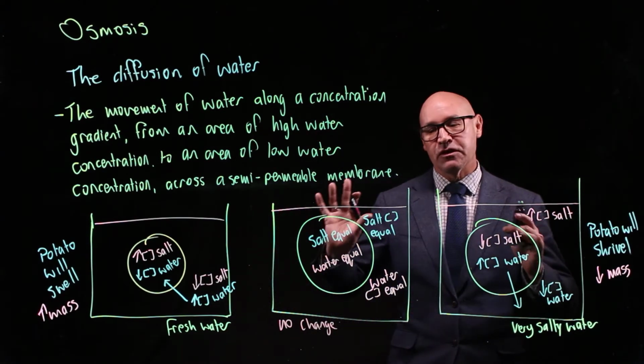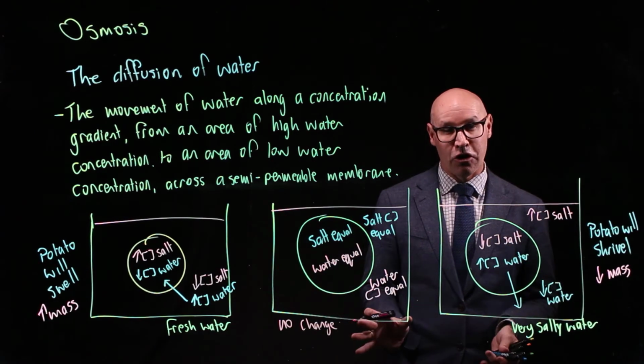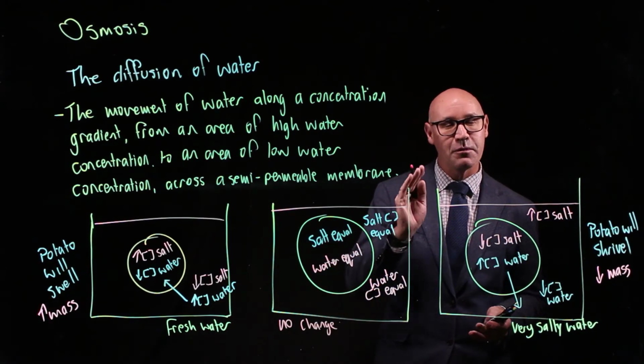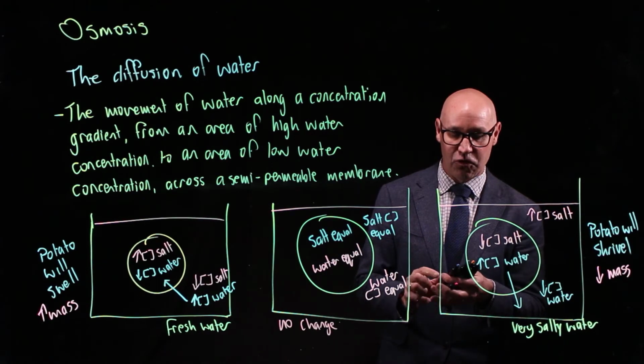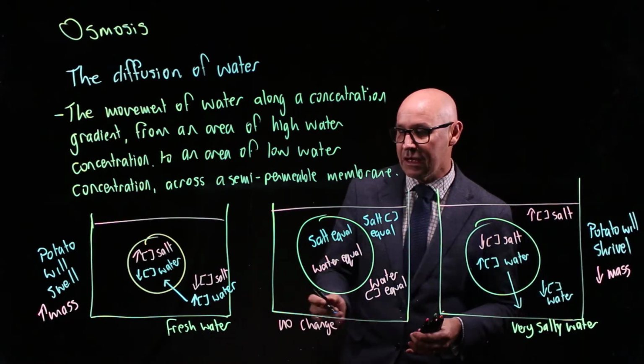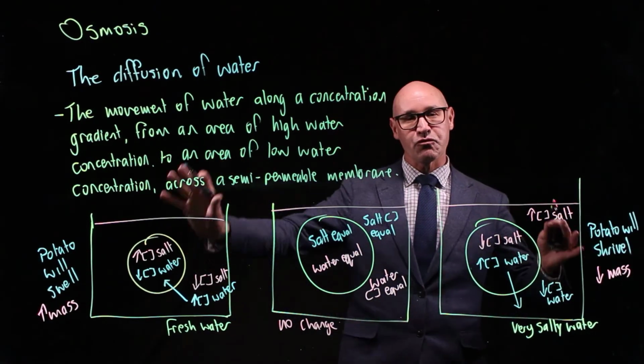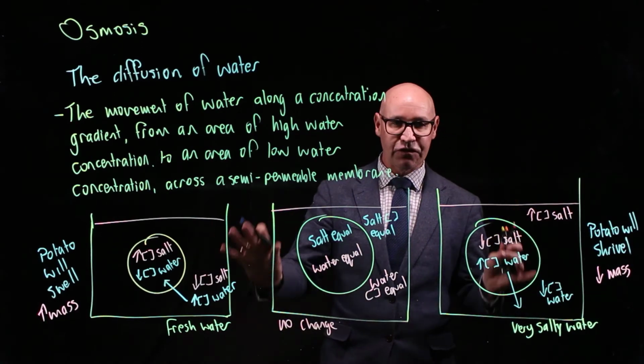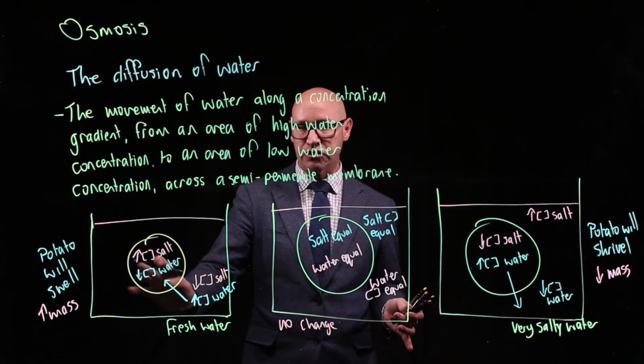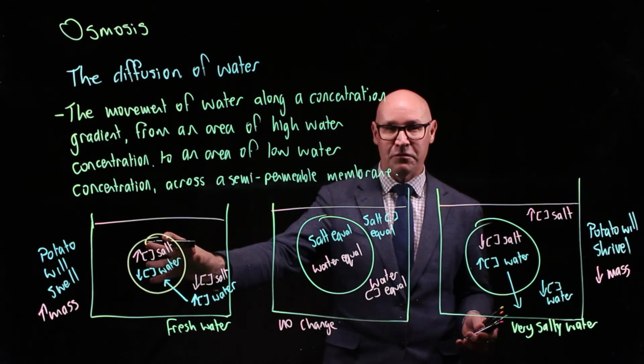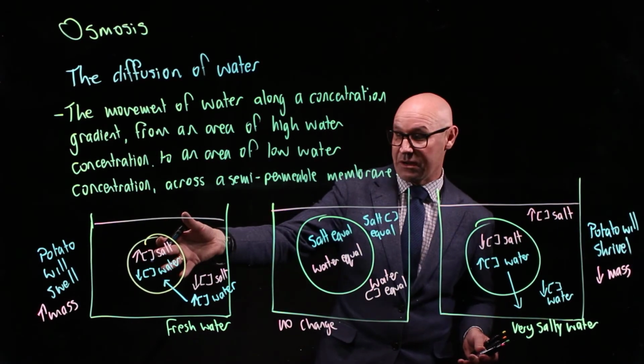Just going to give you a couple of terms to describe this because you may well have heard of one of these terms before. Okay, now, so what we're doing is when we describe these, we're describing the solution. So the solution on the outside in which our cells are in.